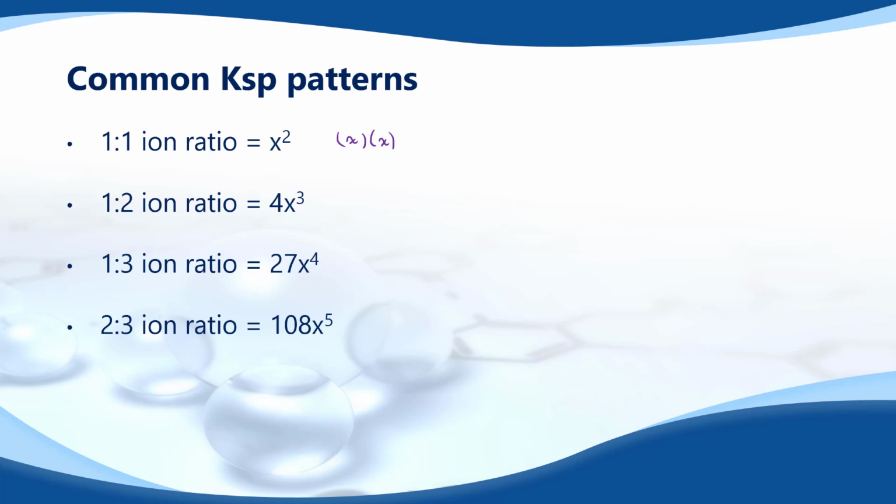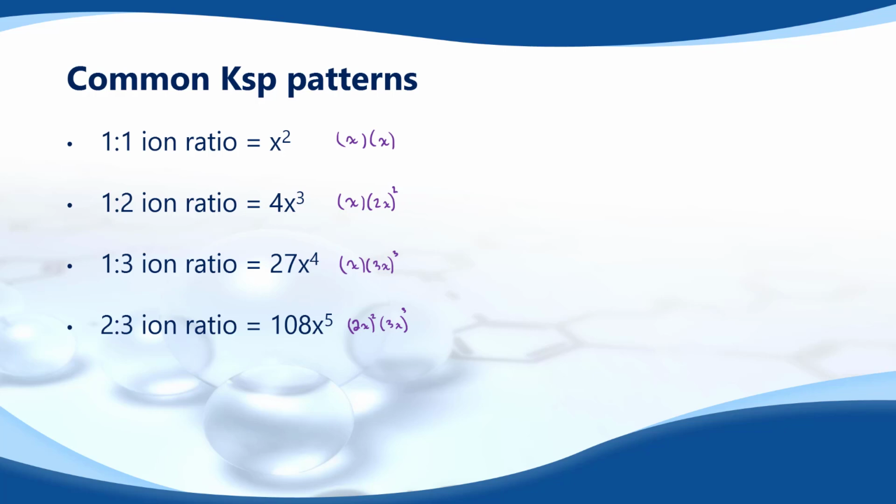If it's a 1-to-2 ratio, you'll wind up with x times (2x) squared, or 4x cubed. 1-to-3, again, we're going to have x times (3x) cubed, and a 2-to-3 ratio will be (2x) squared times (3x) cubed.